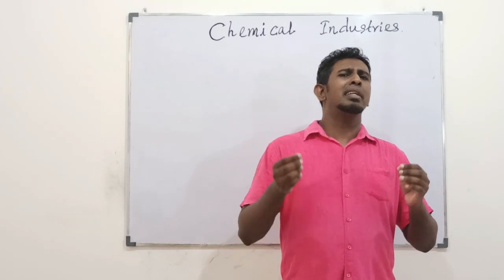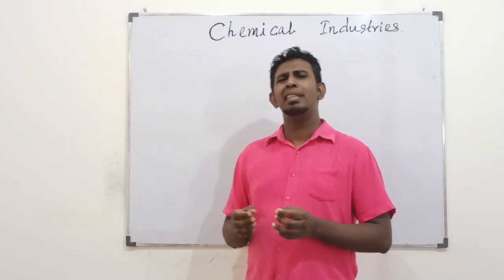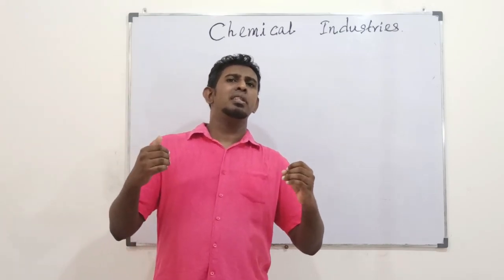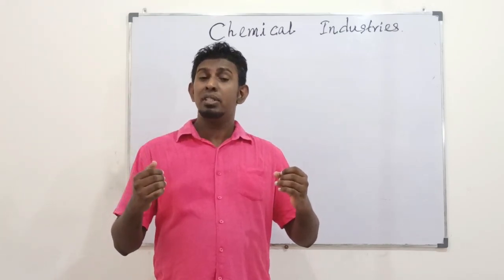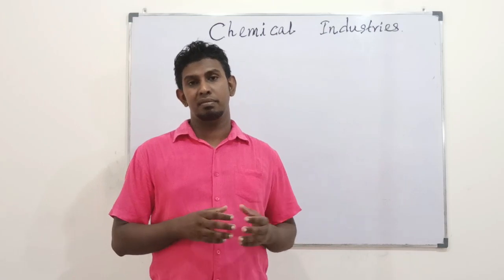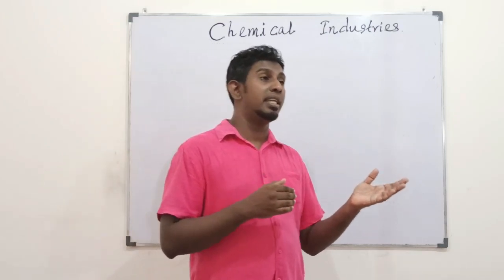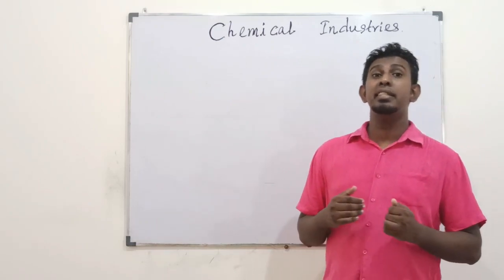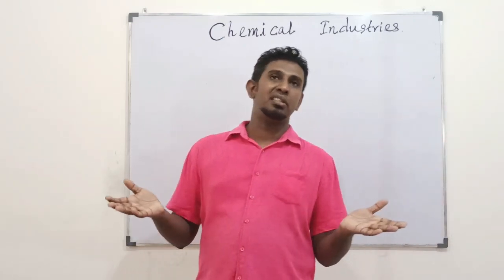There was a chemical leakage of methyl isocyanate. Those caused around 6,000 deaths within a week. That Chernobyl disaster happened in 1986.